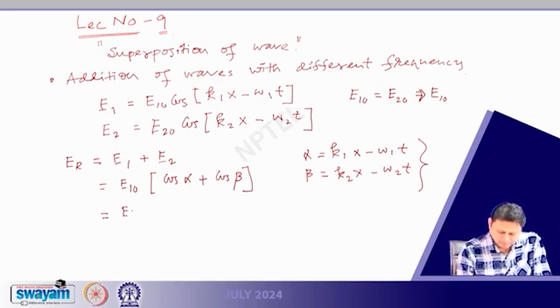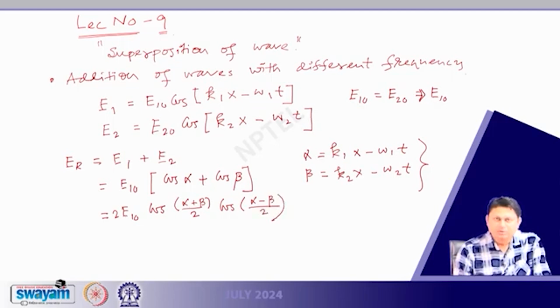So, simple addition of cos alpha and cos beta gives us 2 E10 times cos of (alpha plus beta) divided by 2, that is cos (A plus B) by 2, and cos (A minus B) divided by 2, that is the next one.